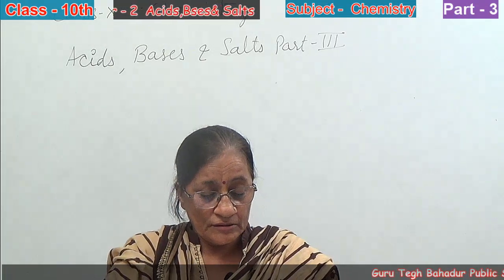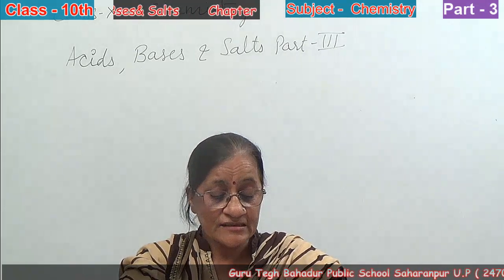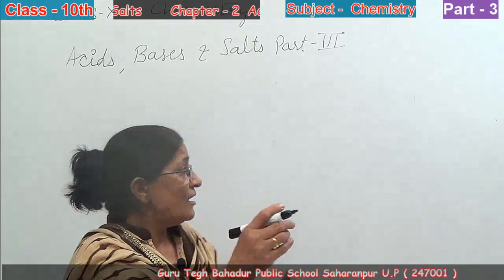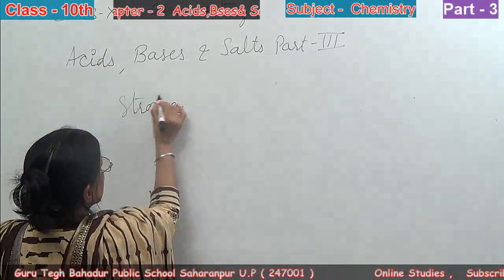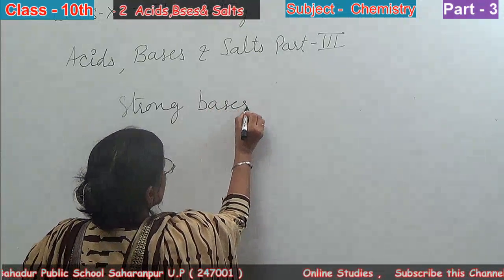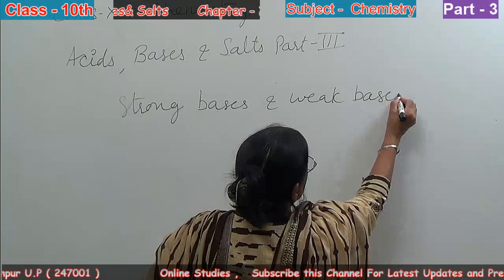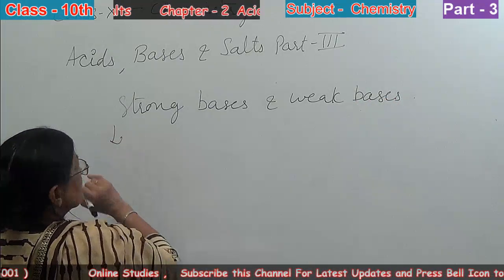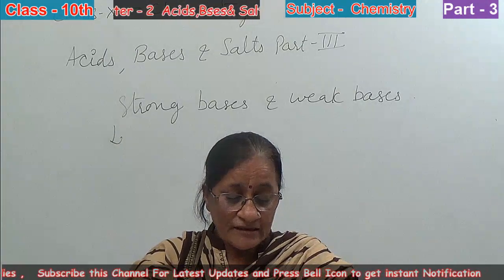Now, on the basis of strength, bases are of two types: strong bases and weak bases. Strong bases are also called alkalis.